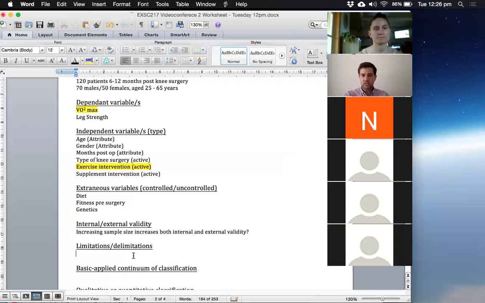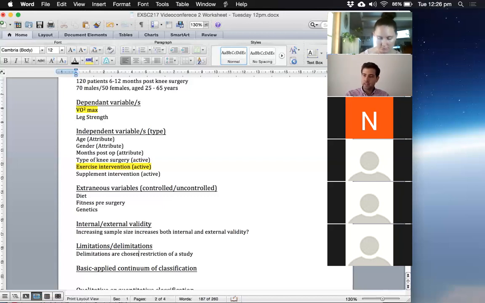So limitations, so delimitations, both of these are restrictions of a study, but delimitations are a chosen restriction of a study. Okay, so limitations might include a small sample size, because maybe we didn't have a choice.